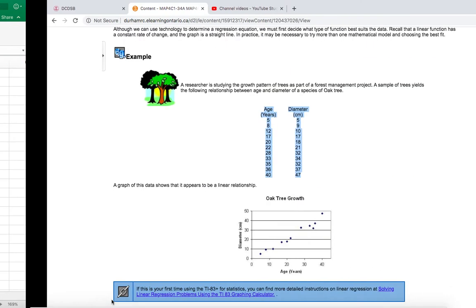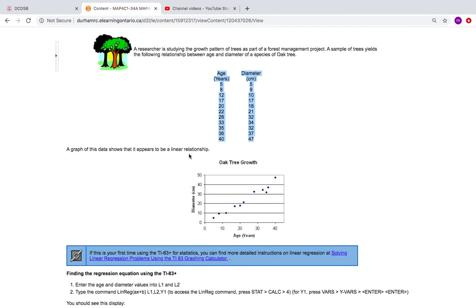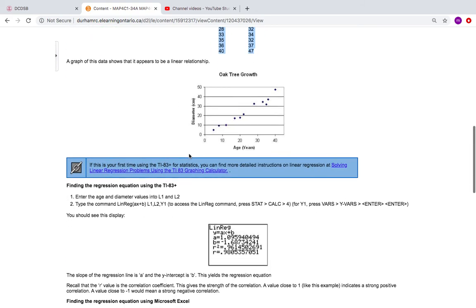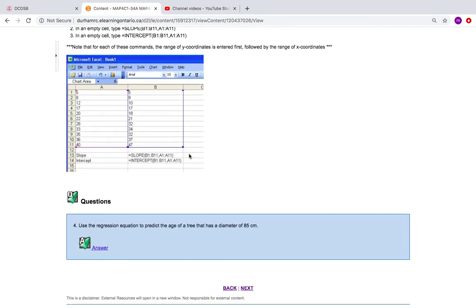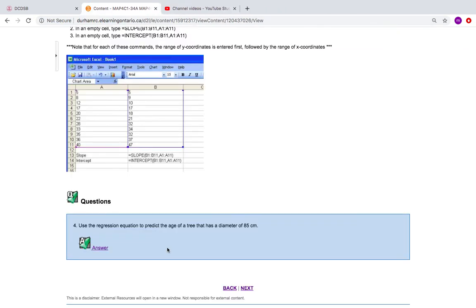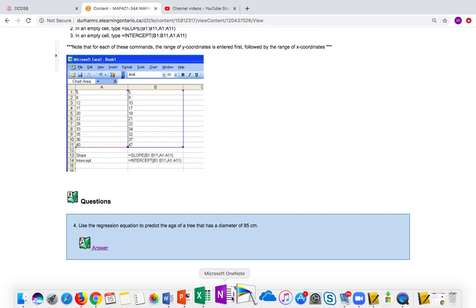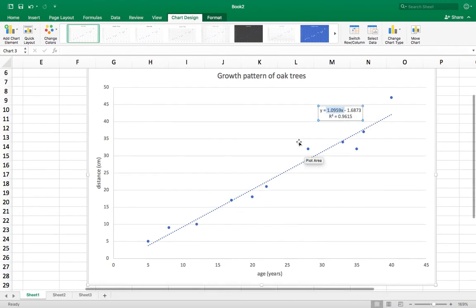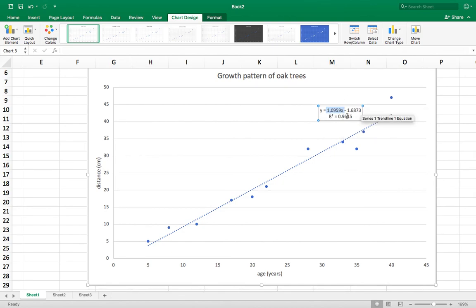So after doing the regression line, I don't have to do any of this work by hand. I can write the whole equation of the line with that slope and intercept in Excel. That's my equation. R squared is just telling me how good of a fit it is.